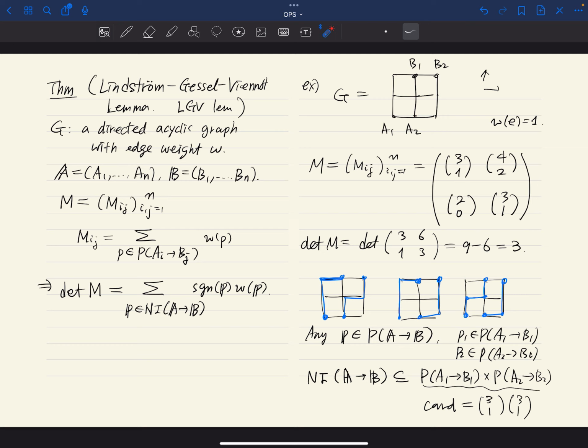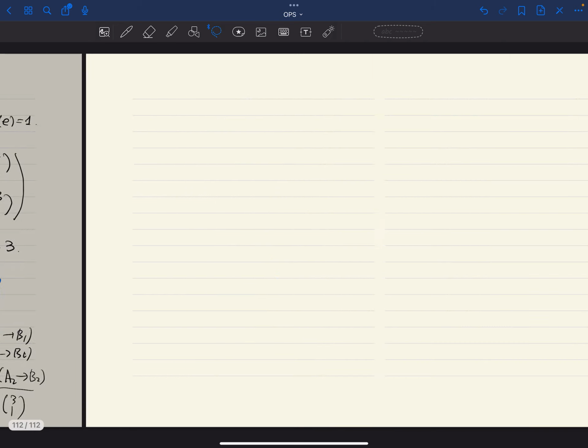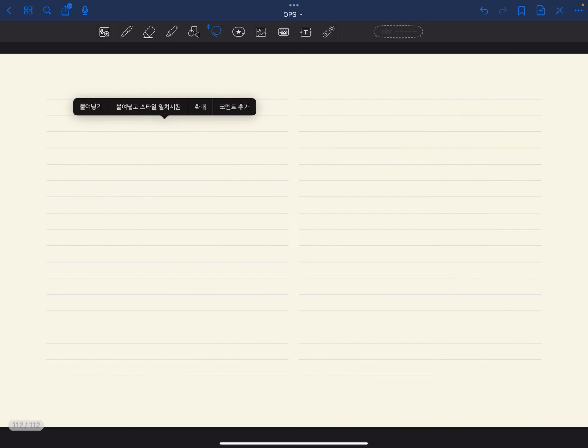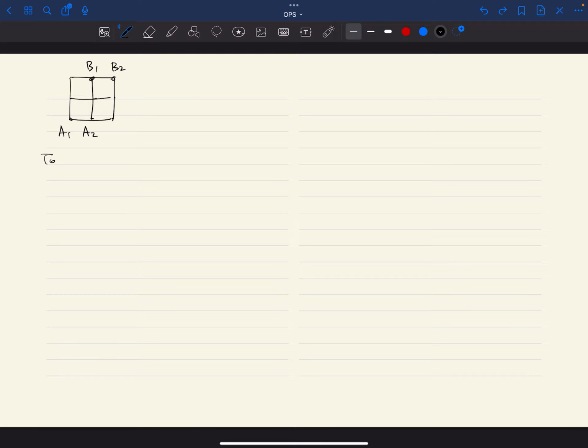But how can you compute the number of intersecting paths? The idea is, this is actually the crucial idea. This will be used in the proof of the Gessel-Viennot lemma, okay? Let's count the number of intersecting paths.